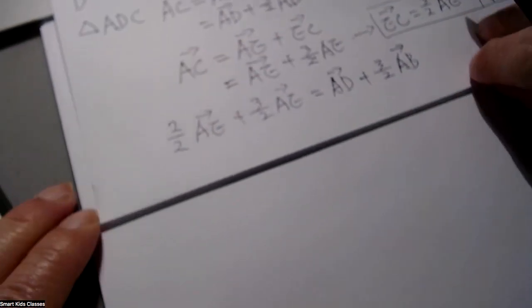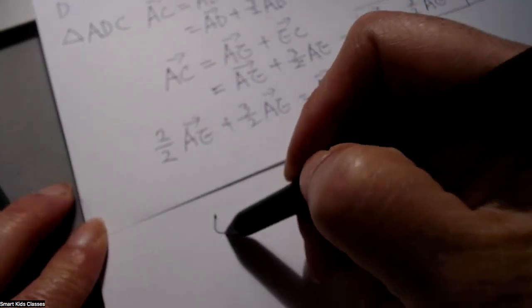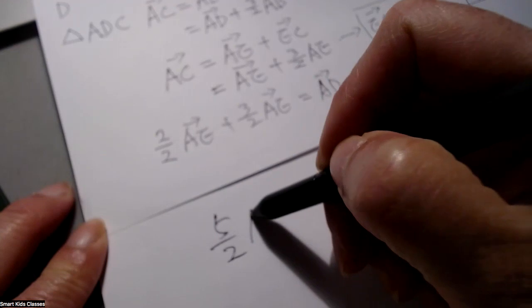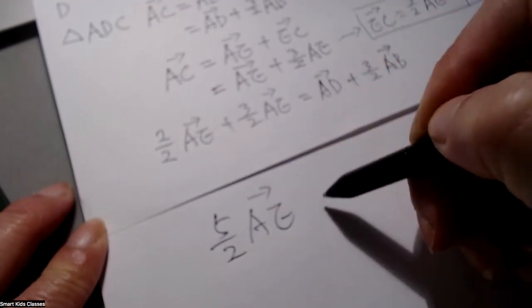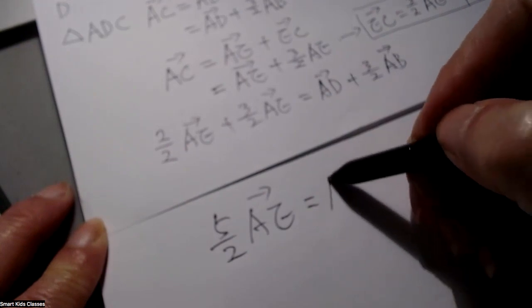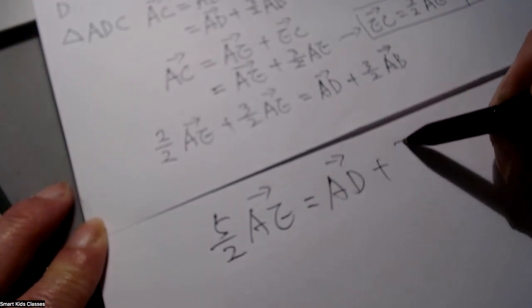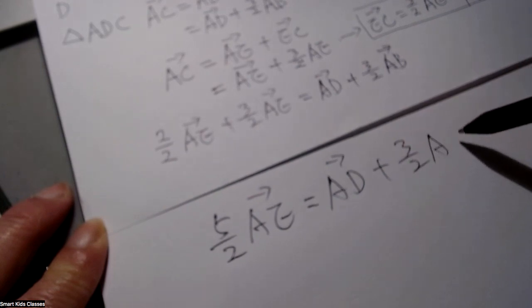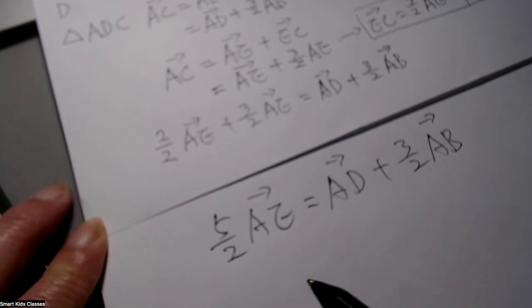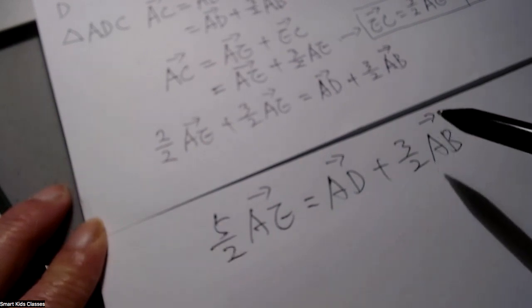Now we combine them: 2/2 plus 3/2 gives 5/2 vector AE. So it equals vector AD plus 3/2 of vector AB.